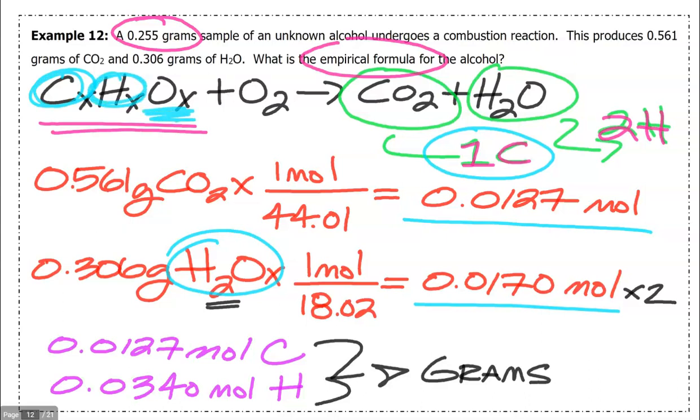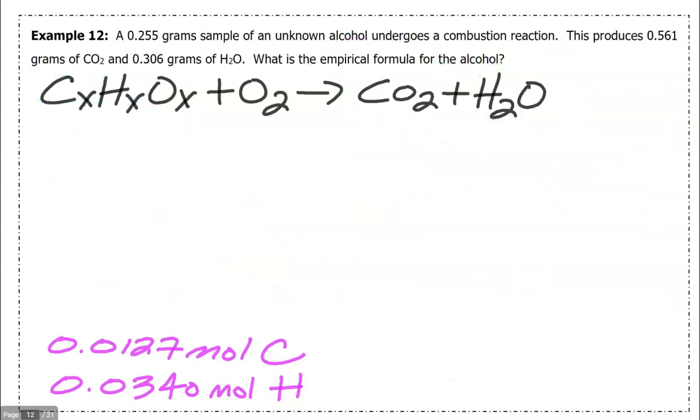If we know how much oxygen we have, we can get moles of everything, and we can do the math. So I'm going to clean this up, and then we're going to do that piece. All right, so I cleaned it up, and now we're going to turn these back into grams.